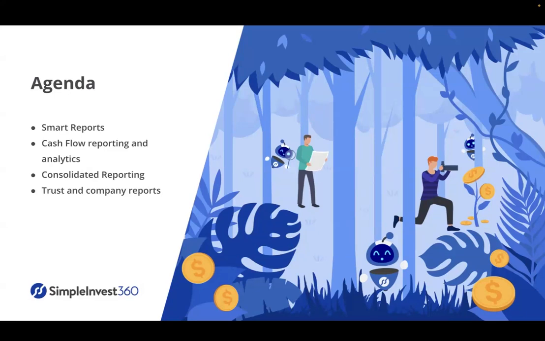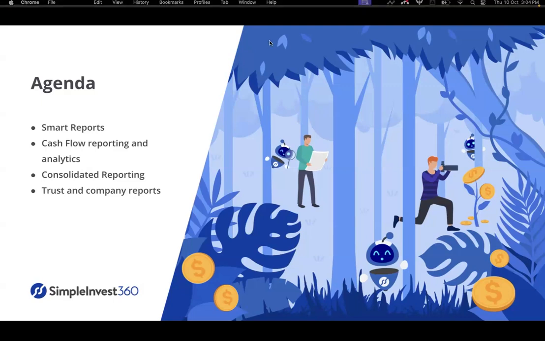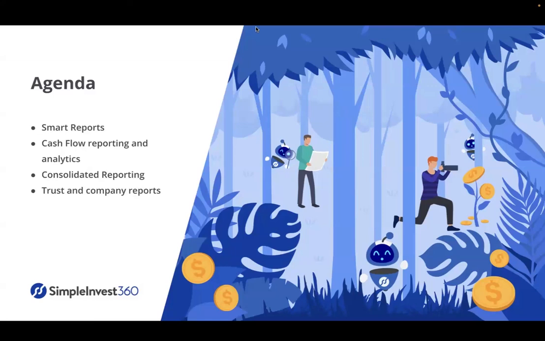But also we'll finish off the session just covering the report screen briefly, but also bringing awareness to some of the reporting that Simple Invest does offer as well. So hopefully that gives you an idea of what you're in store for today. I'll flip over into the software itself and we'll begin by talking about the smart report screen.